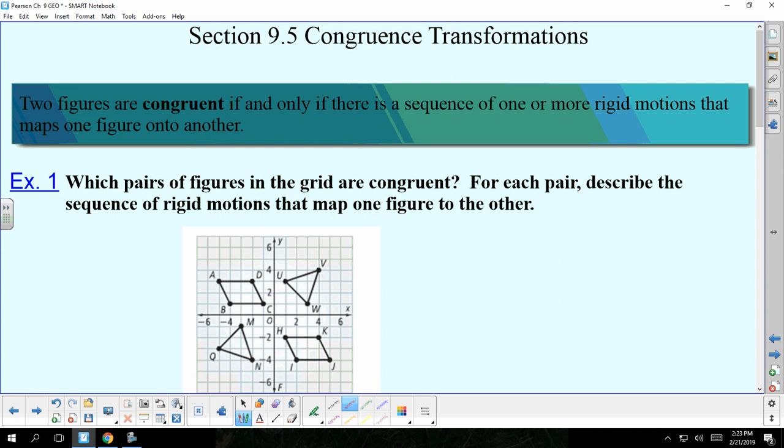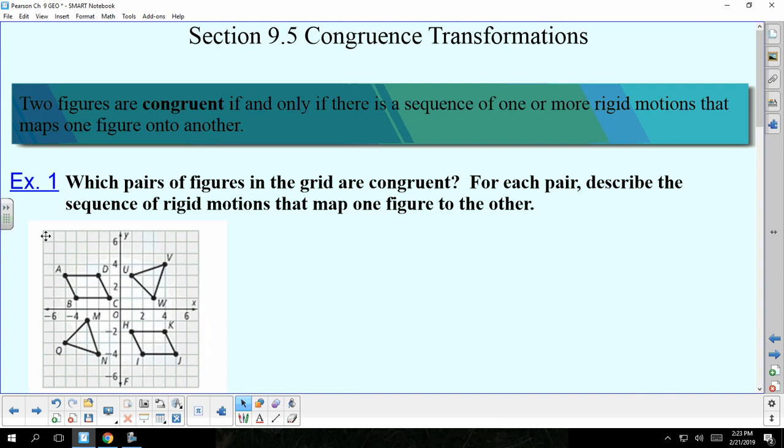Since isometries preserve distance and angle measures, if I can show the composition of rigid motions can land one shape on top of the other, then I can show that those two shapes are in fact congruent. So for this first one, we have A, B, C, D.